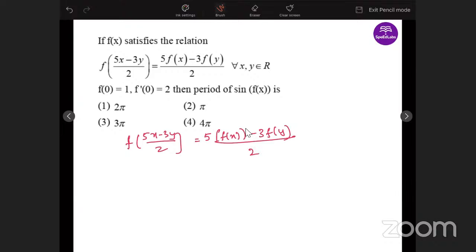Yes, sir. Now I can write this as (5x minus 3y) upon 2, where I can write the 2 as 5 minus 3. Similarly, on the RHS also, I can write it as f of x minus 3 times f of y upon 5 minus 3.